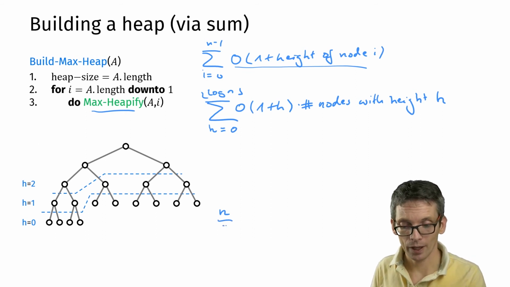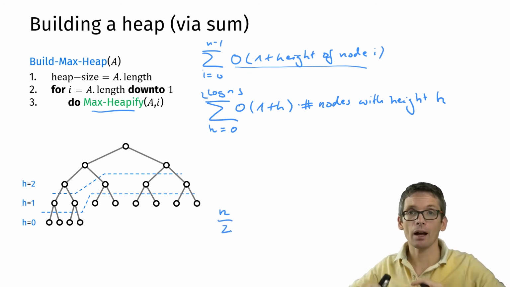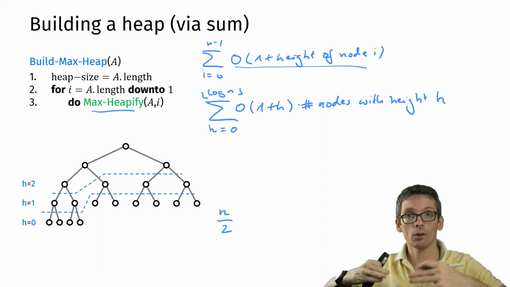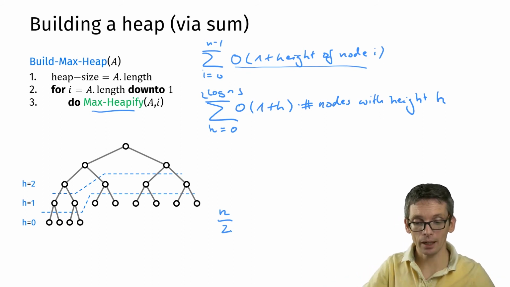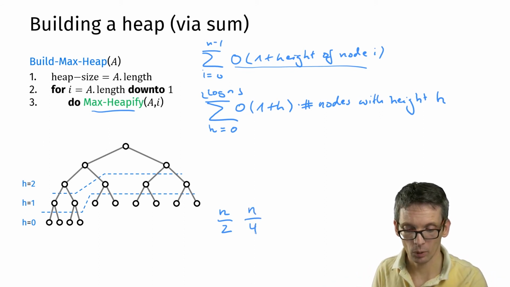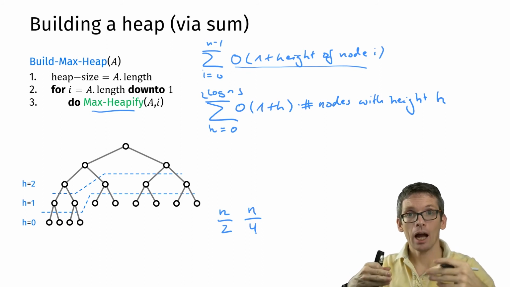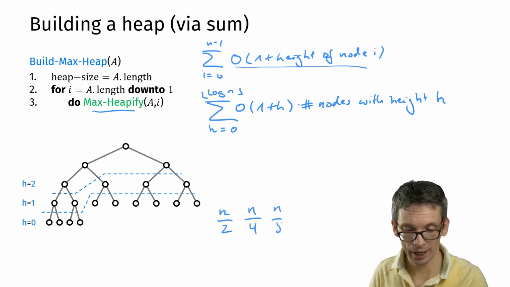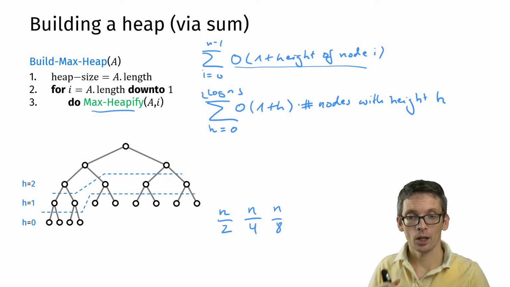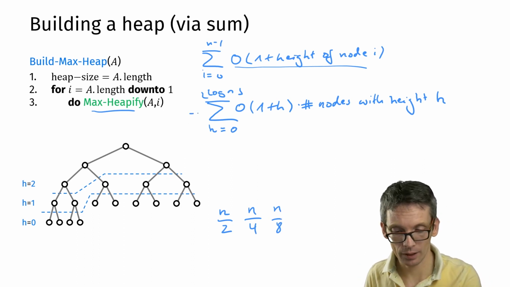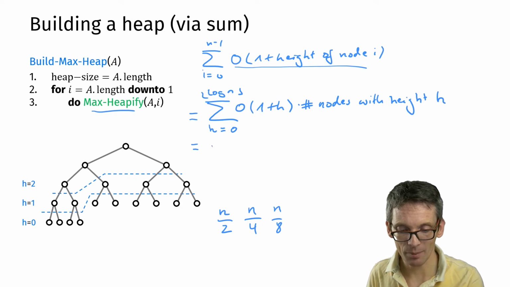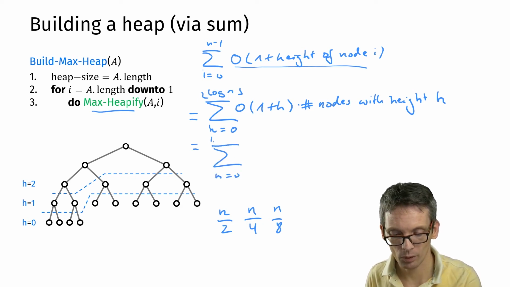This is actually n half. So half of the nodes are at height 0, then half of the remaining ones, n quarter, are at height 1, half of the remaining ones are at height 2, so n eighth, and so on. So what I get here, this sum, is the same as h goes from 0 to log n.